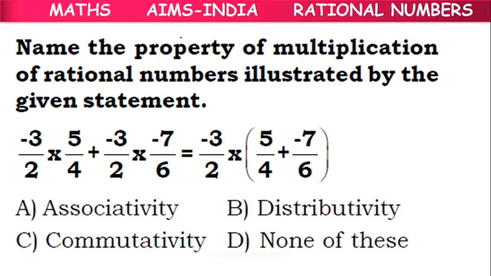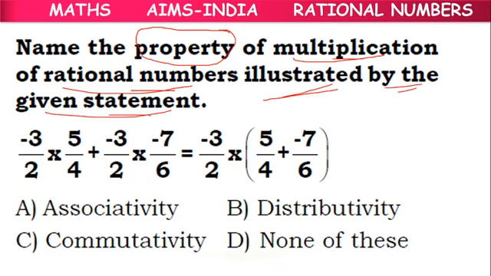Second question. Name the property of multiplication of rational numbers illustrated, means shown, by the given statement. They have given a statement of numbers here.